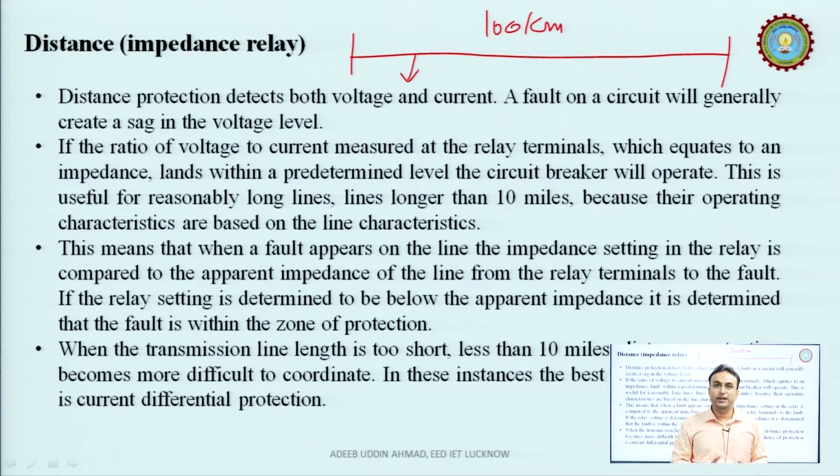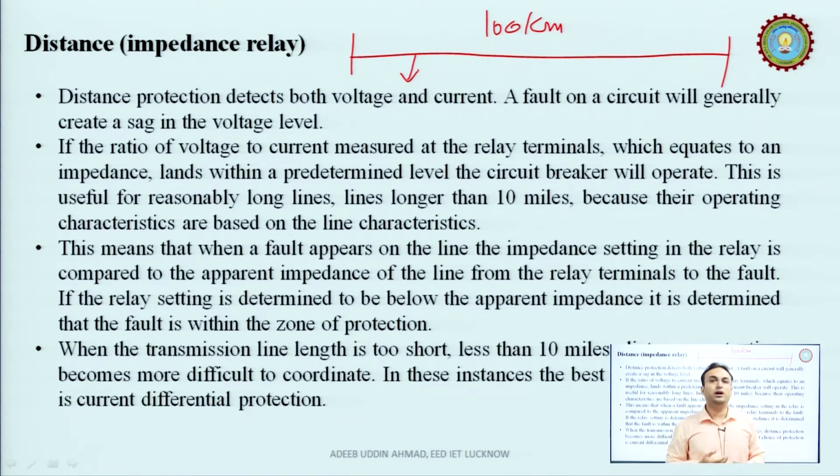Distance protection detects both voltage and current. A fault on a circuit will generally create a sag in voltage level, so the voltage will be down. The ratio of the voltage to current measured at the relay terminal is compared with the predetermined level. When it deviates from the predetermined level, the circuit breaker will operate.